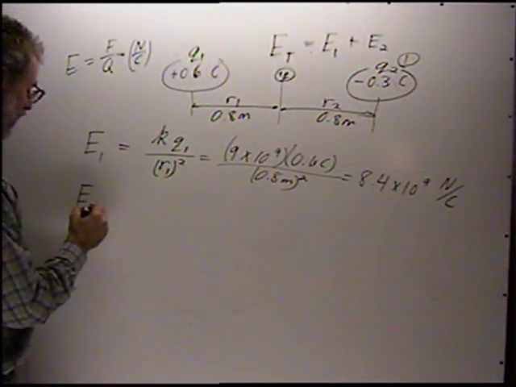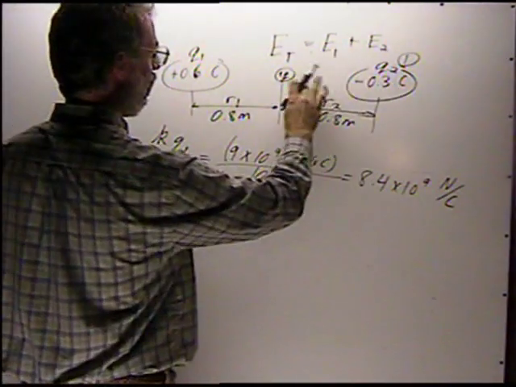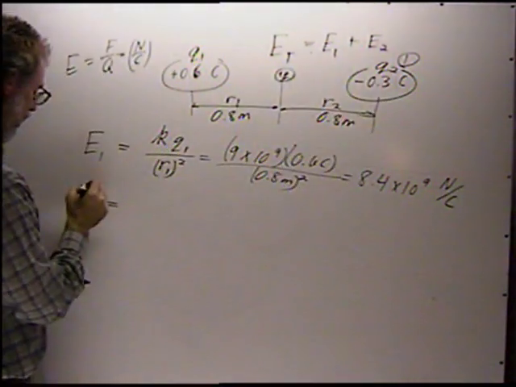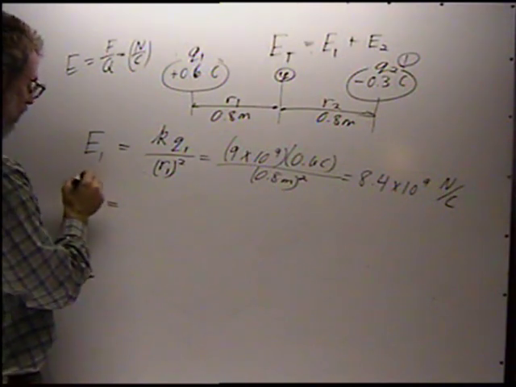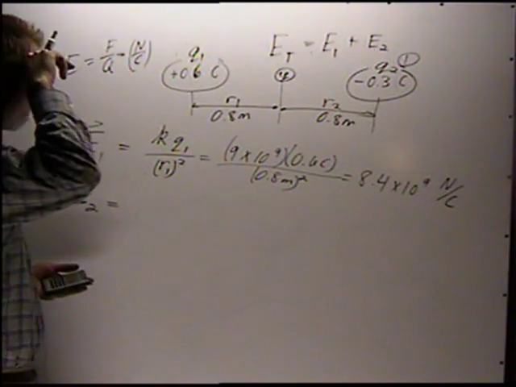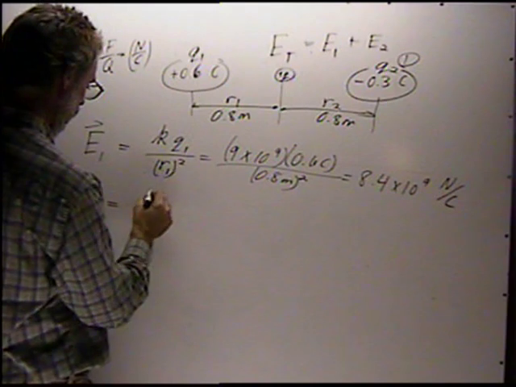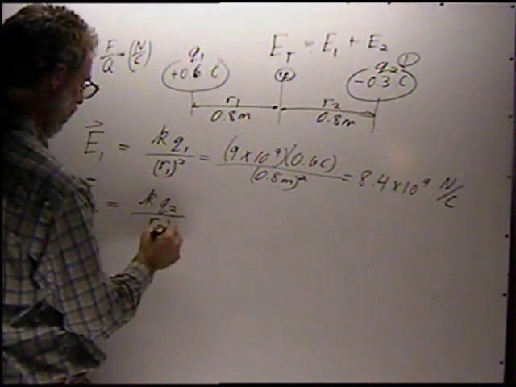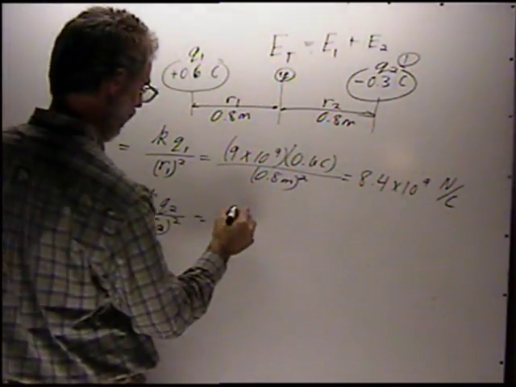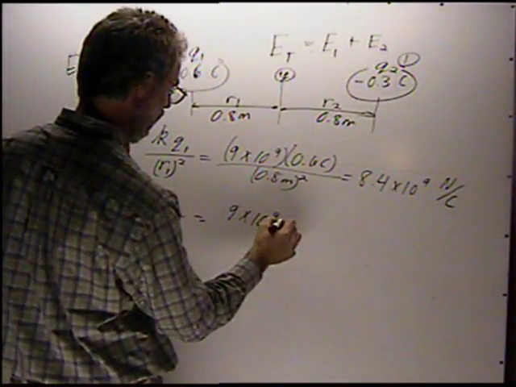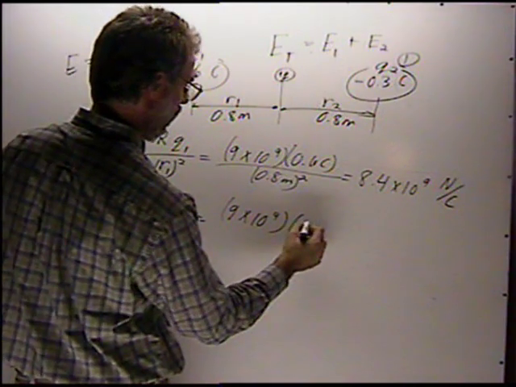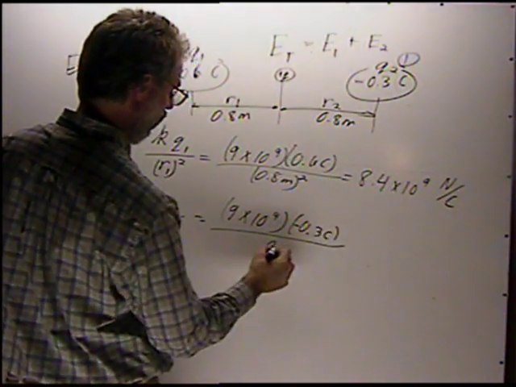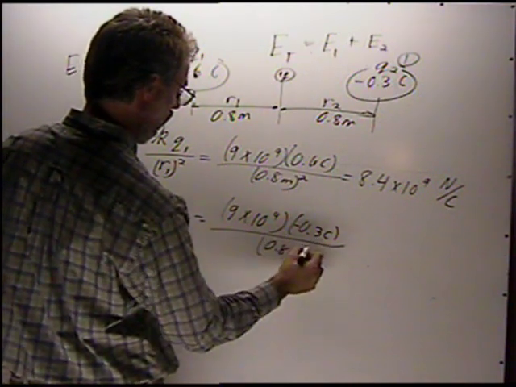The electric field E2 is the electric field right here, but from charge number 2. Remember, these are vector quantities. It would be K Q2 divided by R2 squared, which would be 9 times 10 to the 9th times negative 0.3 coulombs divided by 0.8 meters squared.